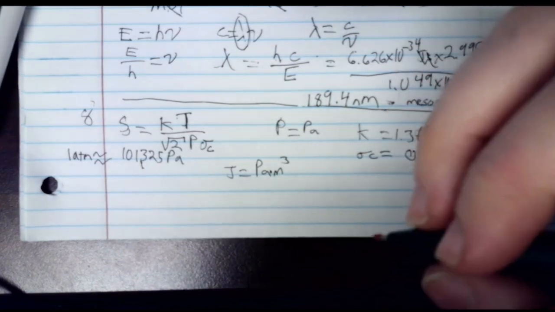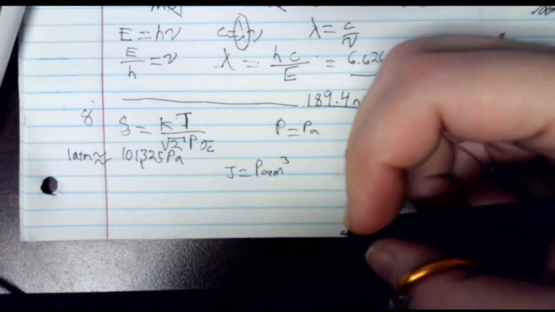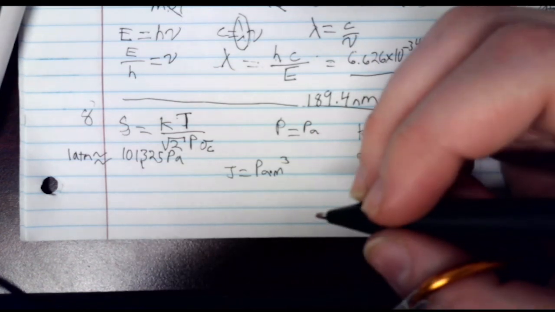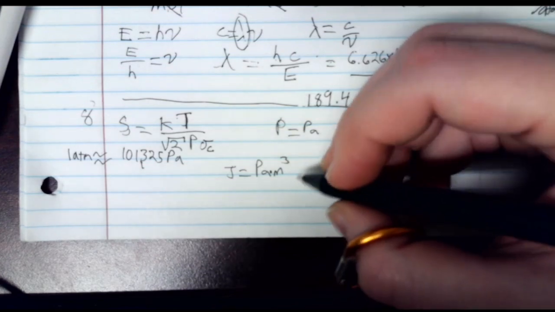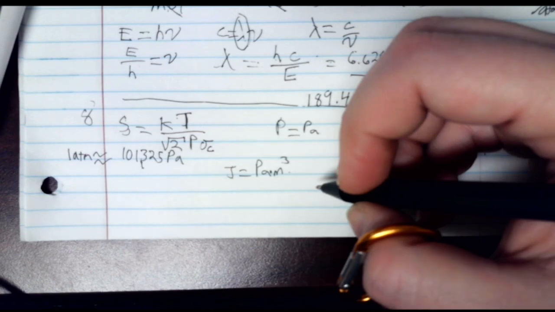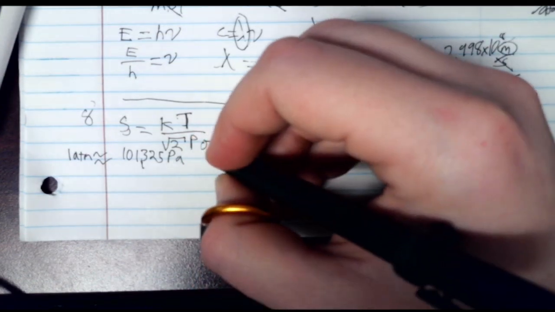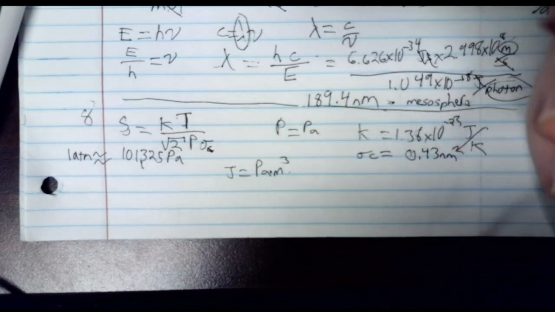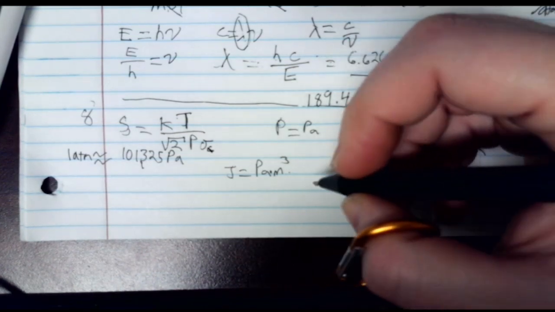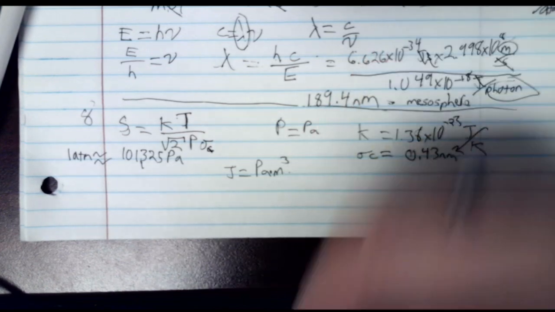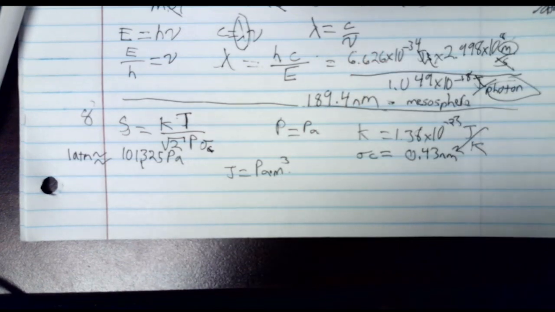And we want a mean free path in, say, nanometers or micrometers. So that means we need to convert this meter cubed into something like nanometer cubed. Or we can convert this guy from nanometers into meters. However you want to do this, you got to do this. This is the one thing you got to watch out for. Otherwise, you're not going to get the numbers quite right.